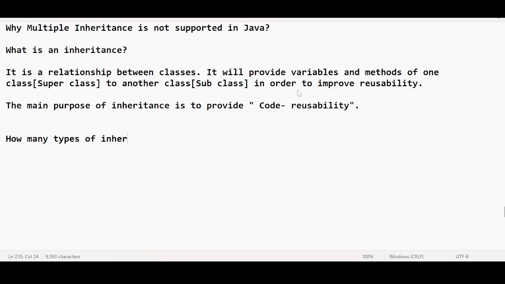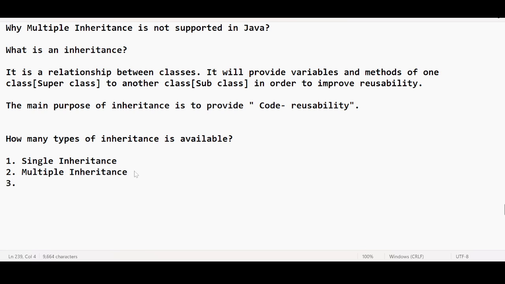First one, single inheritance. Second one, multiple inheritance. These are the categories that we have. Single inheritance, multiple inheritance, and multi-level inheritance is also there.